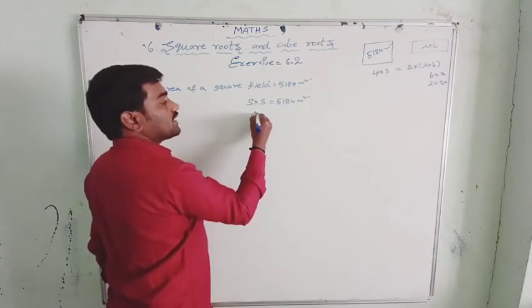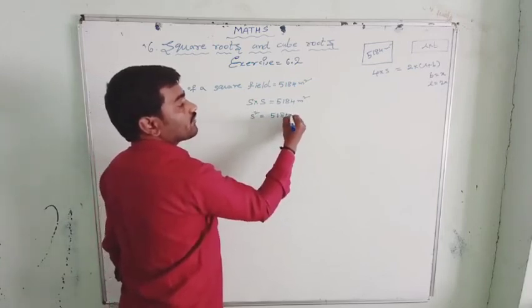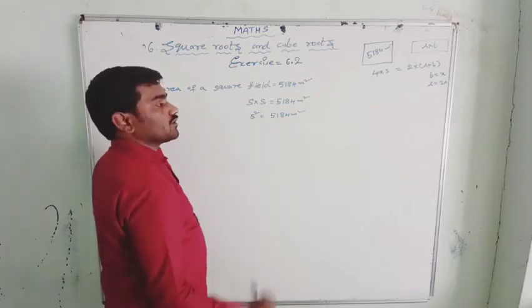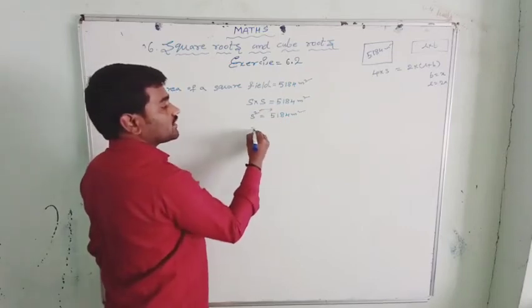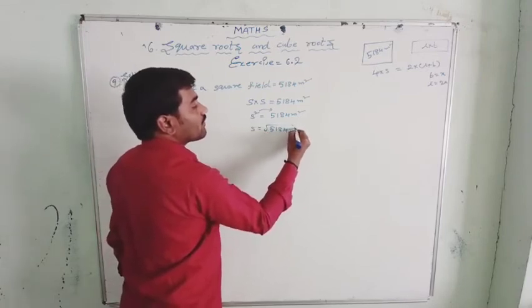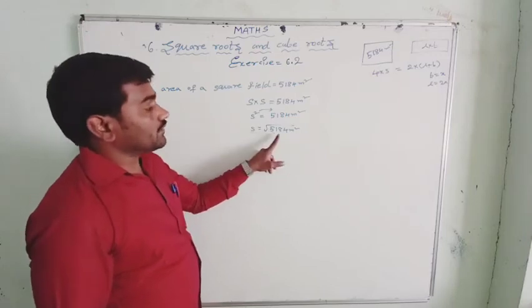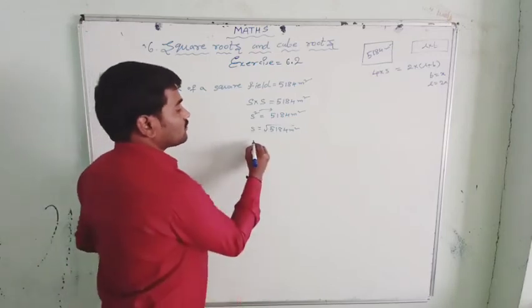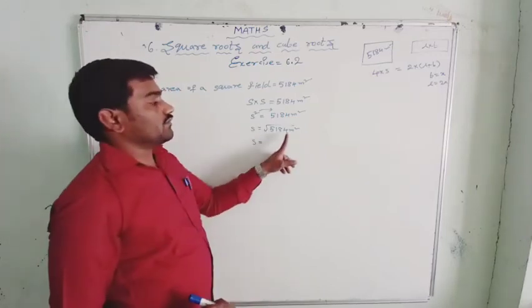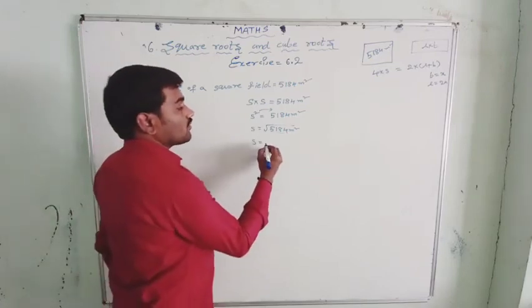Side into side is side square equal to 5184 meters square. So if you transfer the square to this side, s equals the square root of 5184 meters square. So here we have to find the perfect square root of this number.